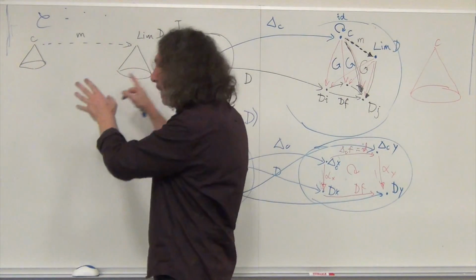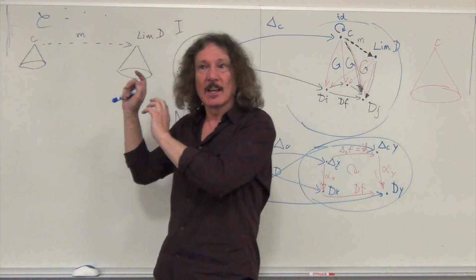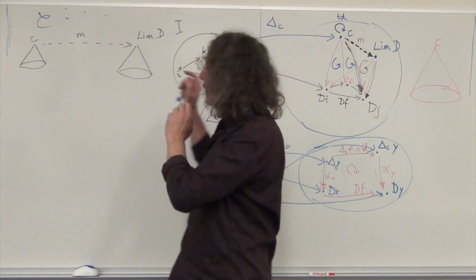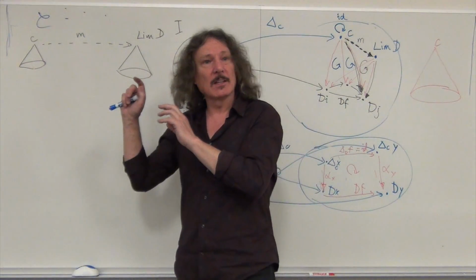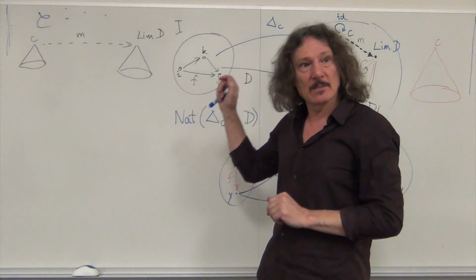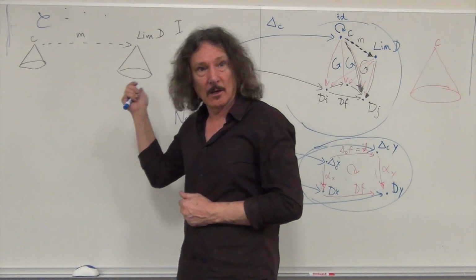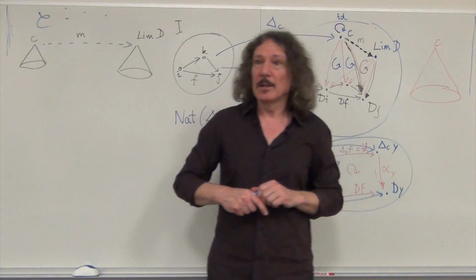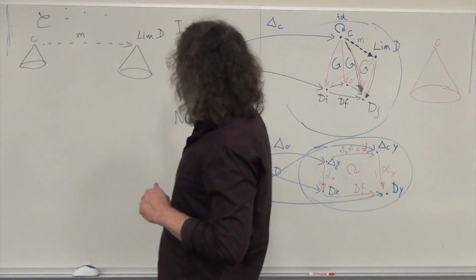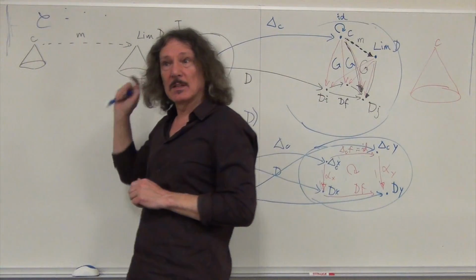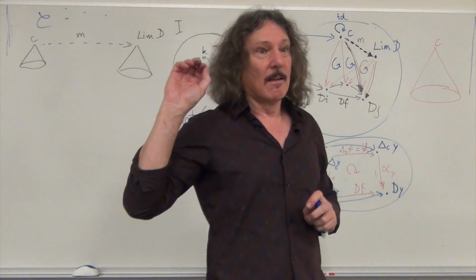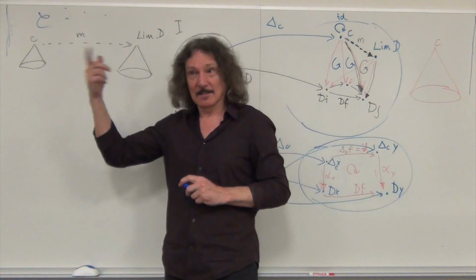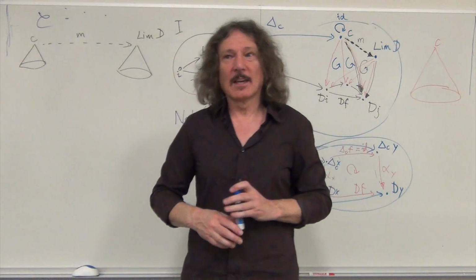We're just picking things from this picture. An object in our new category corresponds to a cone in the old category, and a morphism in the new category corresponds to a morphism between apices of these cones.